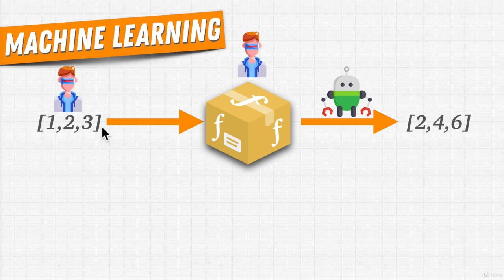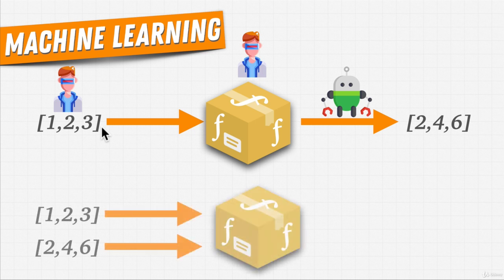Machine learning changes this idea. It says, hey, give me the input and give me what you want the output to be. That is, give me all the data that you have. And by the way, tell me what the answer is, or at least the output that you want.